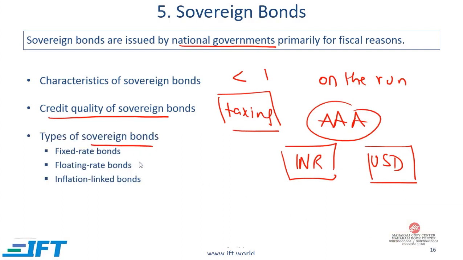Sovereign bonds can come in different flavors. The most common is a fixed rate bond where the coupon rate is fixed. Zero coupon bonds would also in a sense fall in this category. A zero coupon bond is a bond where there are no intermediate coupons.